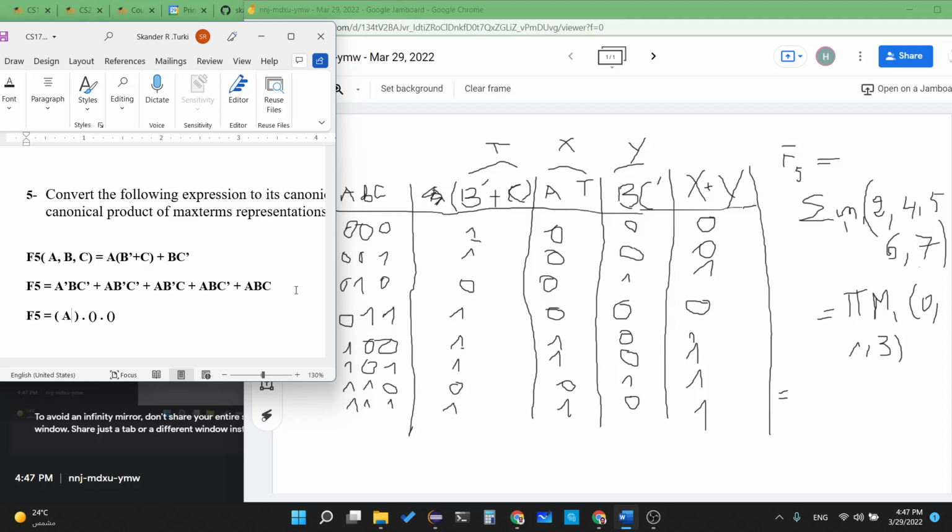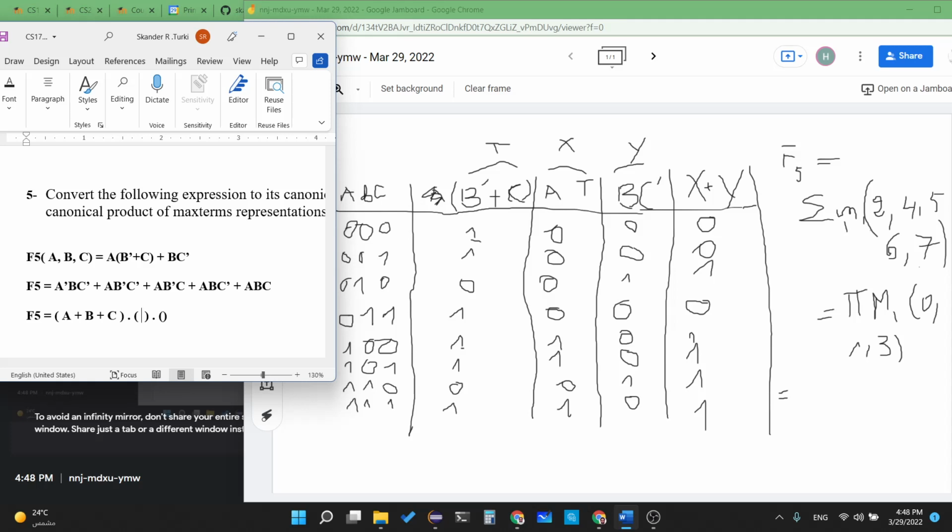No, that's the max term. The max term takes the opposite, so that's A or B or C. You have to choose the max term that will be equal to 0 when A is 0, B is 0, and C is 0. That's the only one that will be equal to 0 for those inputs.